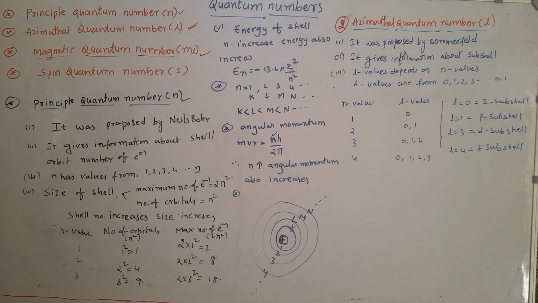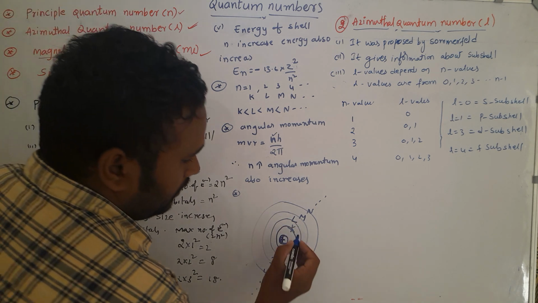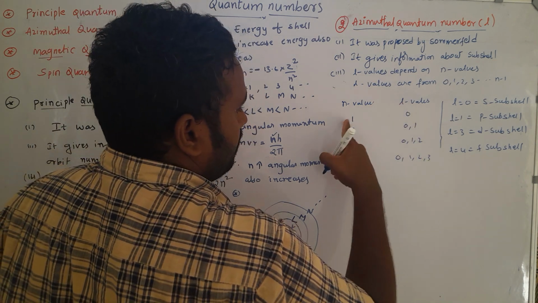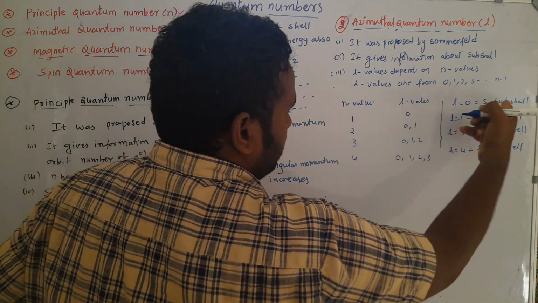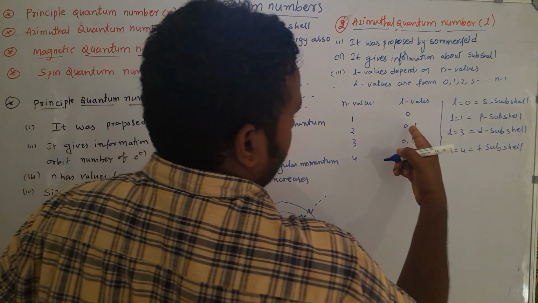When you show it diagrammatically, the first shell contains only one subshell, that is S subshell, whereas the second shell contains two subshells.